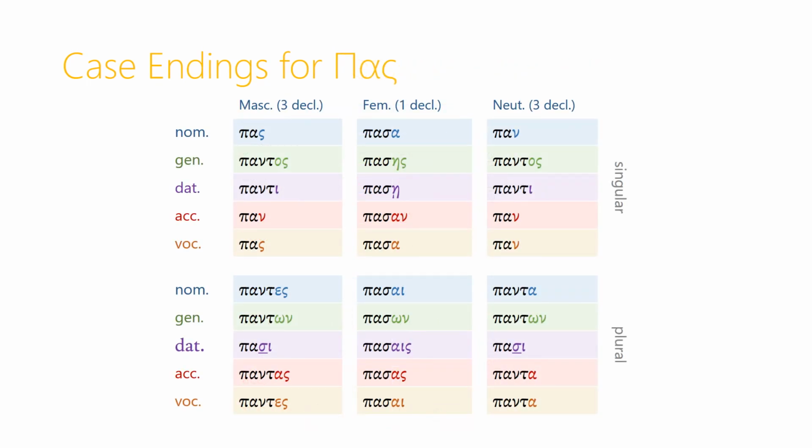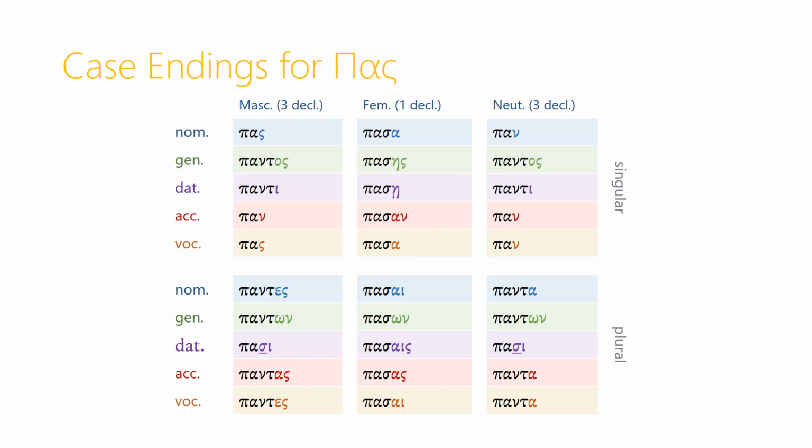In the case of pas, pasa, pan, things are fairly regular in the dative. In the singular, if we remember that the masculine and neuter stem is pant, then we're not surprised by the panti in each case. In the feminine, the stem becomes pas, and so we have pase with the iota subscript. In the plural, the stem in all three cases becomes pas.